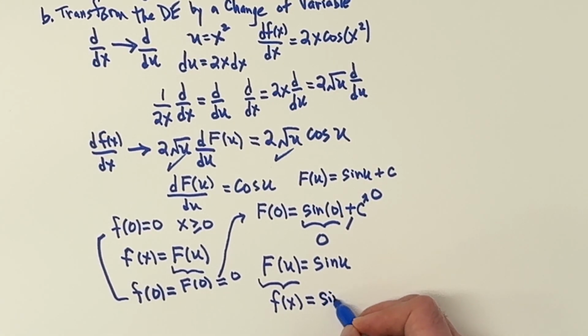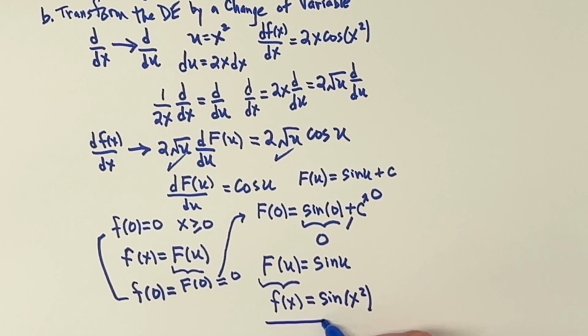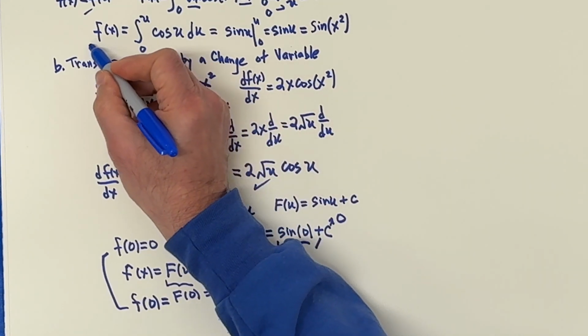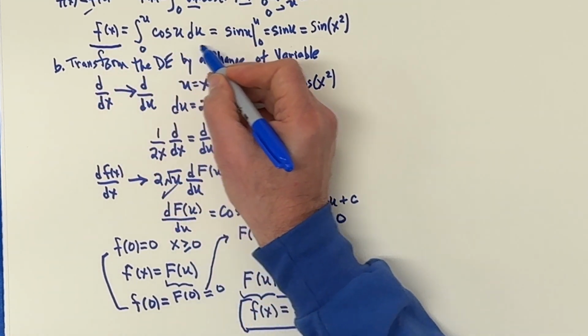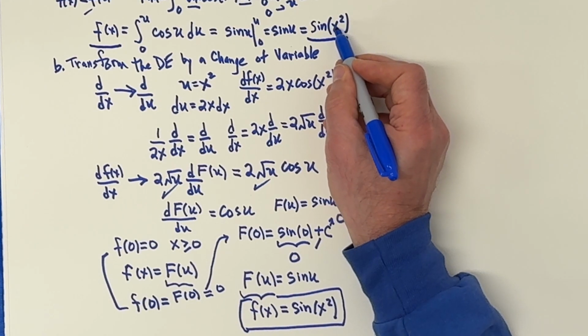So this is the sine of x squared. Now this is a very nice problem because what we have done is we have shown that this is the solution to our differential equation. And if we look up here, f of x is equal to sine of x squared, all right?